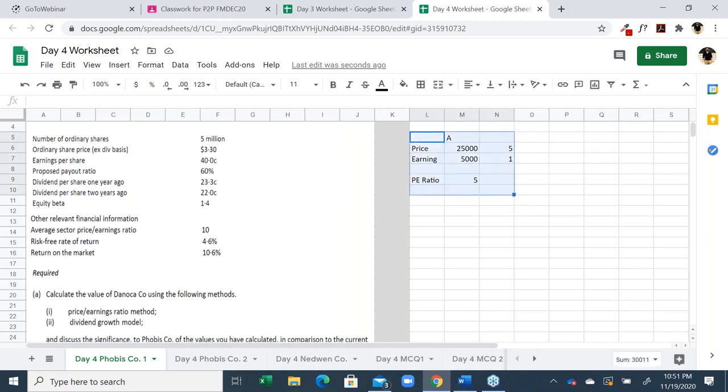So we have to use this ratio to find out the value of Denoka company. So that's A1, using value using PE ratio.